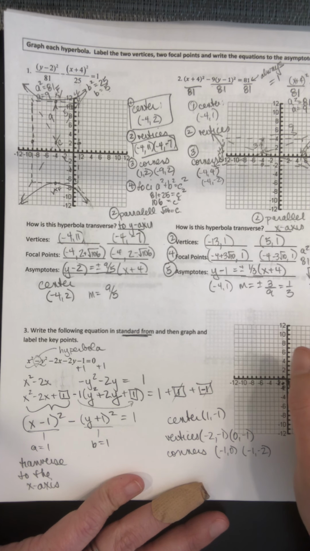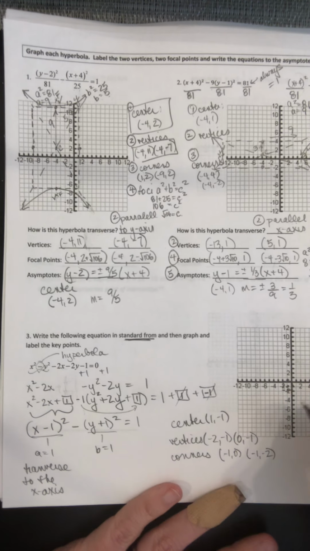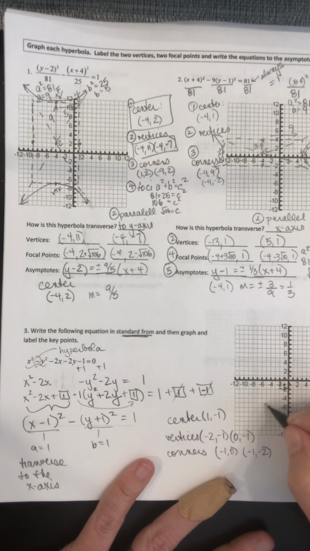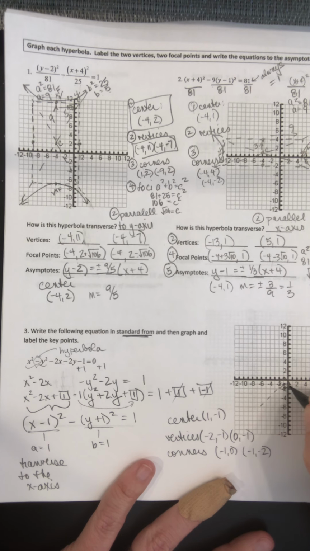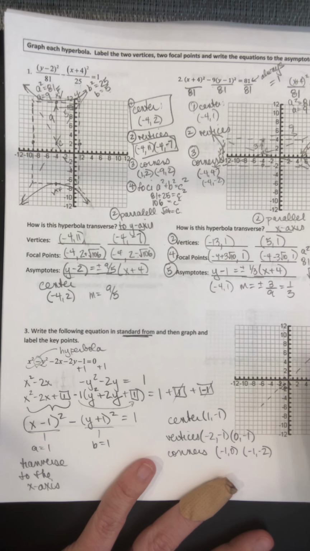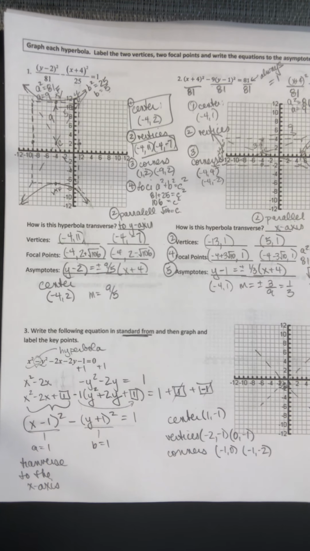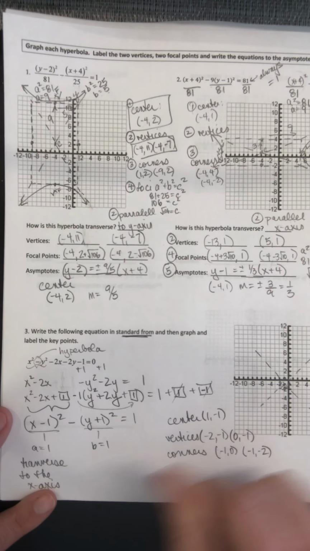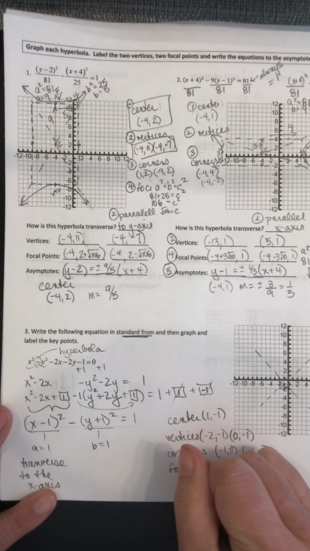And then I create my box. I know it's really small. I'm sorry. So that's my box. So now I will have asymptotes that look like this, and like that, okay?